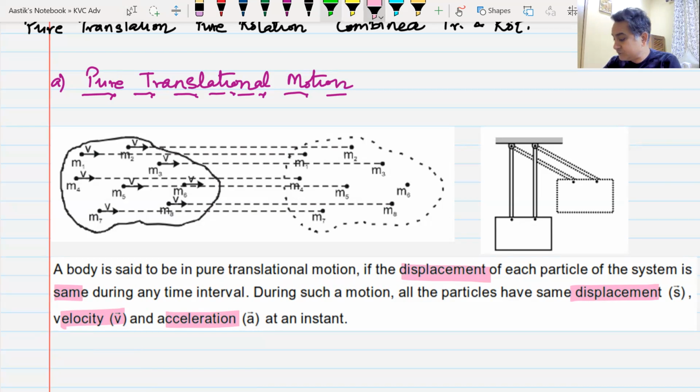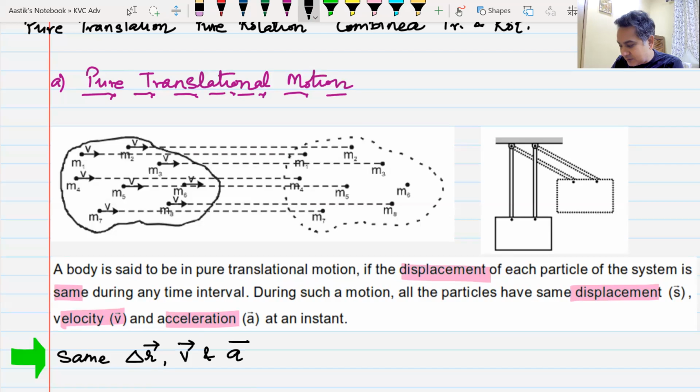So, what do we understand by pure translation if I write it point wise? Number one, all particles must have the same displacement, same velocity and same acceleration at all times. This is one way of writing it.